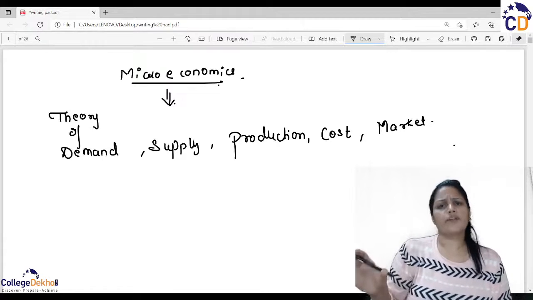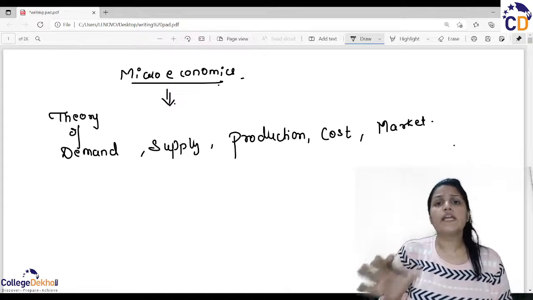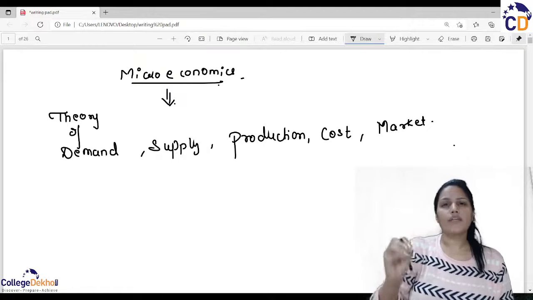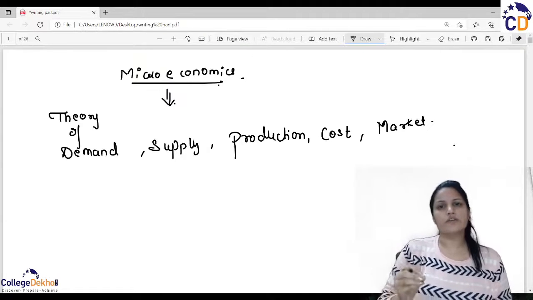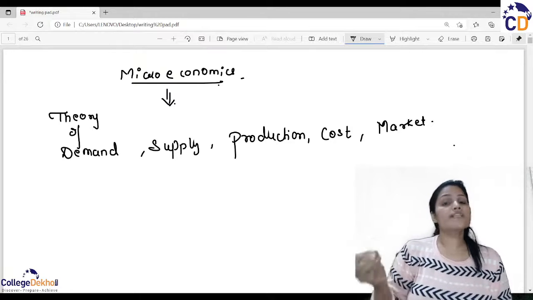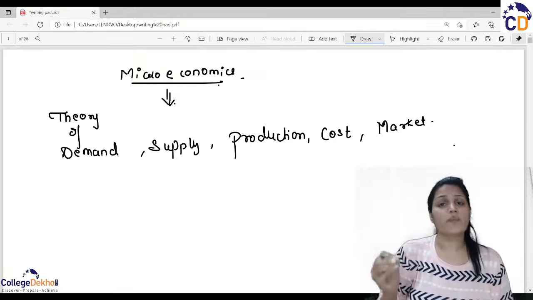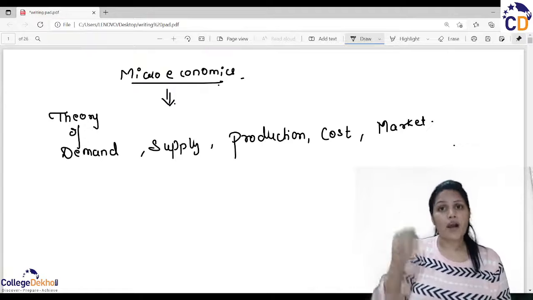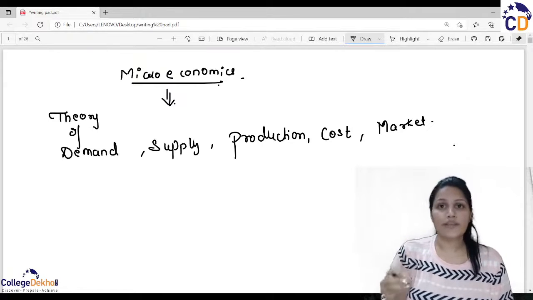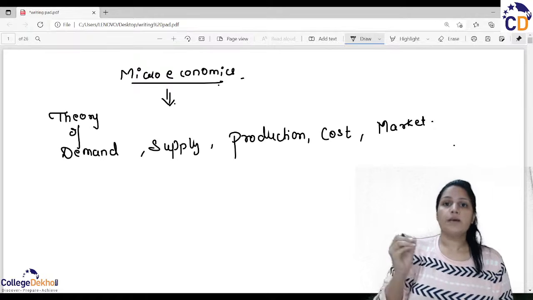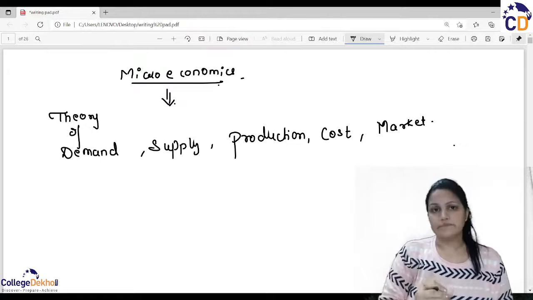In microeconomics we look at the detail of what the consumers expect in the market, what the suppliers expect from the market, and where the market is actually situated, where the buyer and supplier meet up.